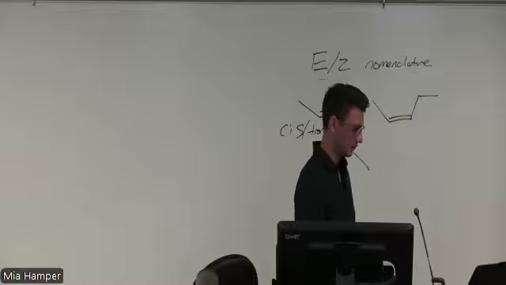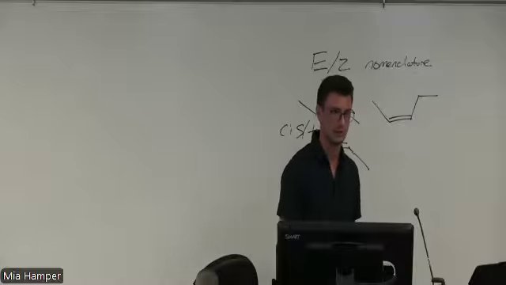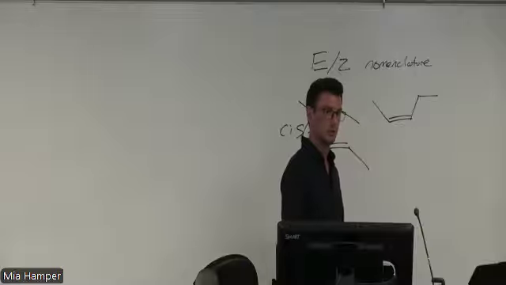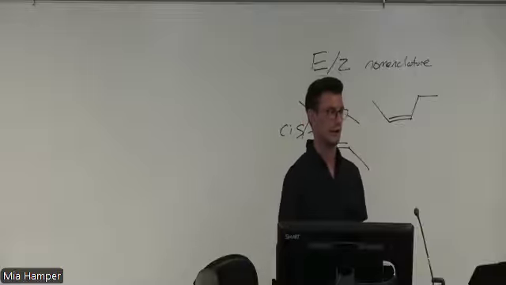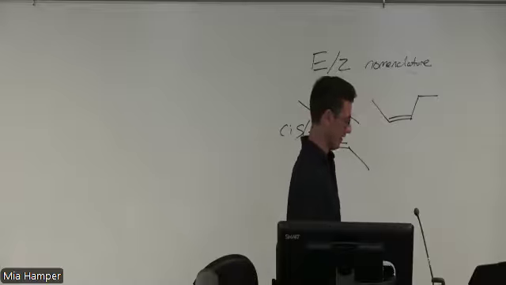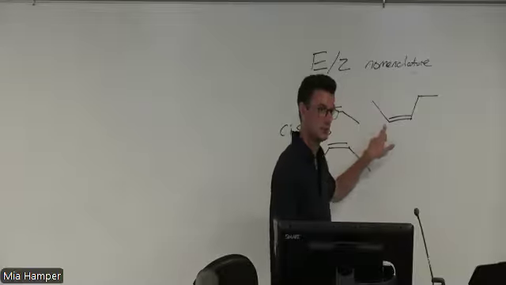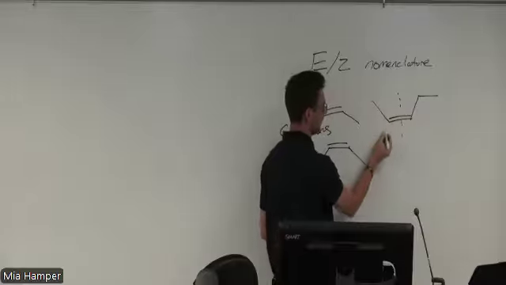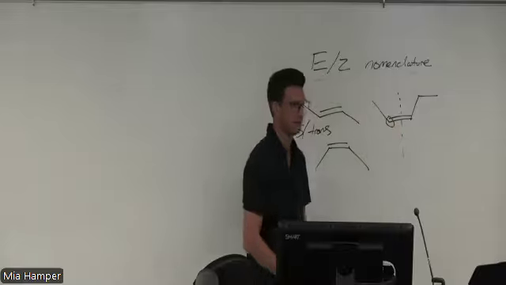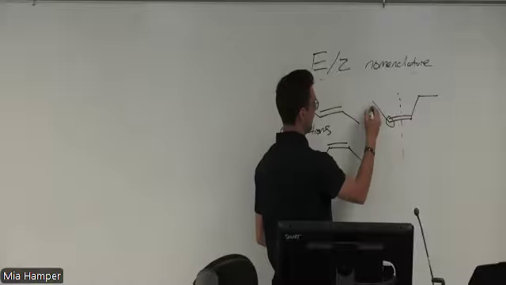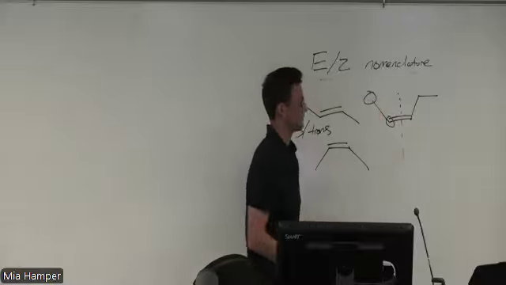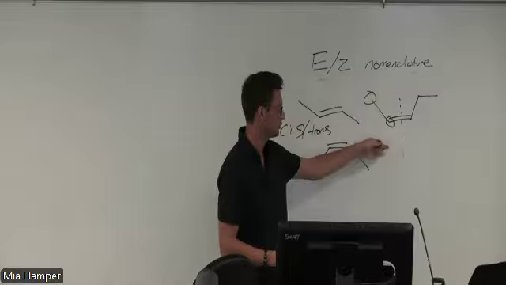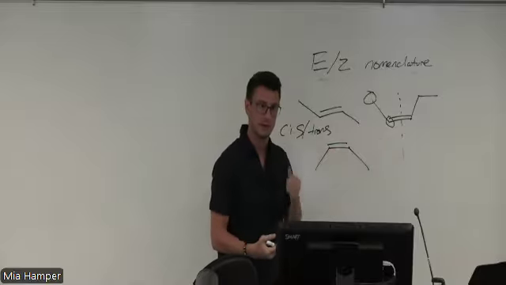We typically assign priority per usual, the things with the higher atomic number. So coming off of this carbon, we're going to just do a dotted line. We're looking at this carbon here. We have the highest priority circled as the methyl, right? A hydrogen versus a carbon, the carbon's going to win.